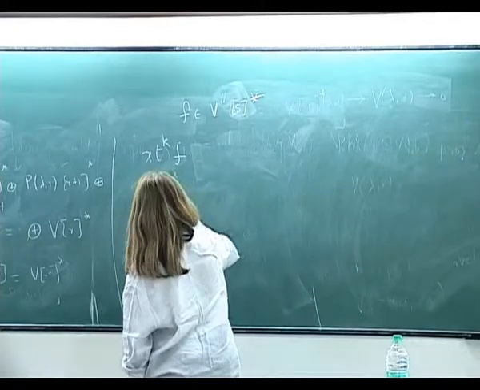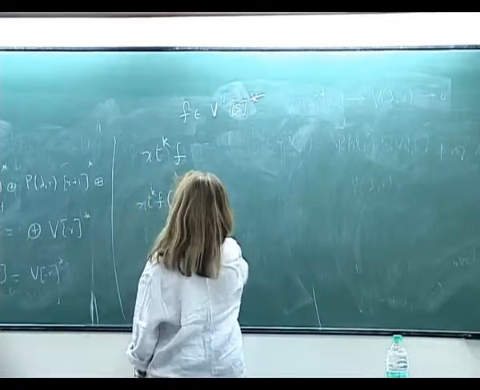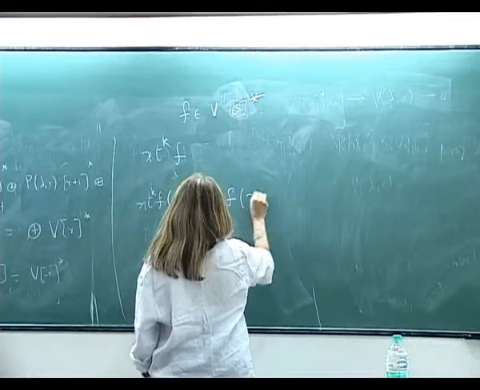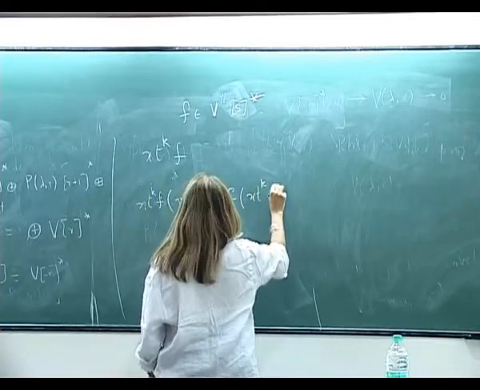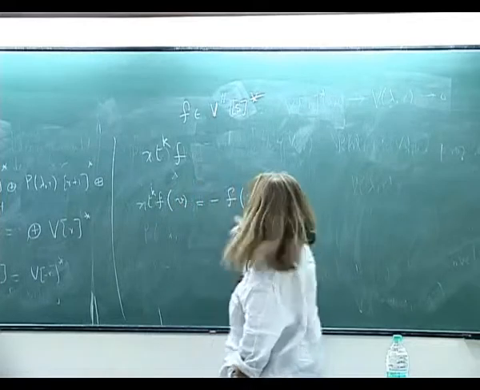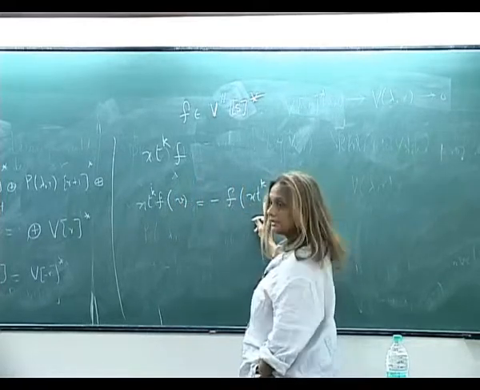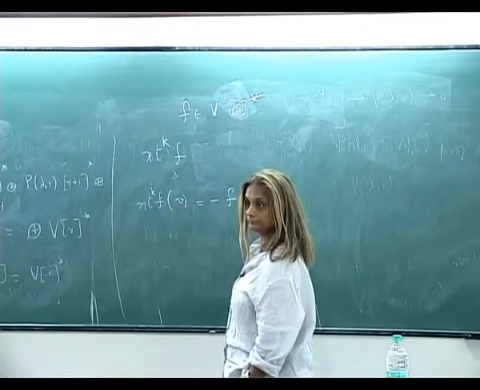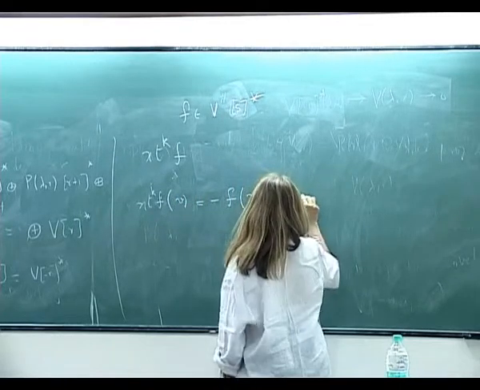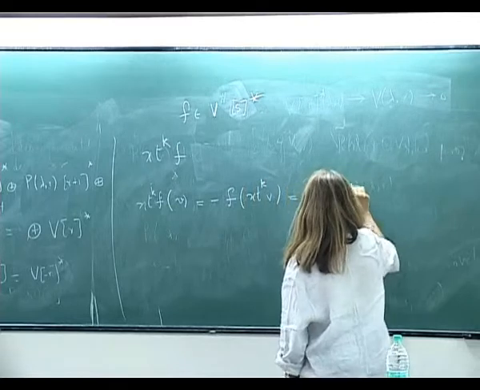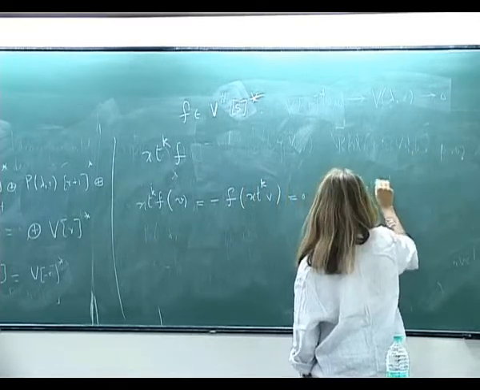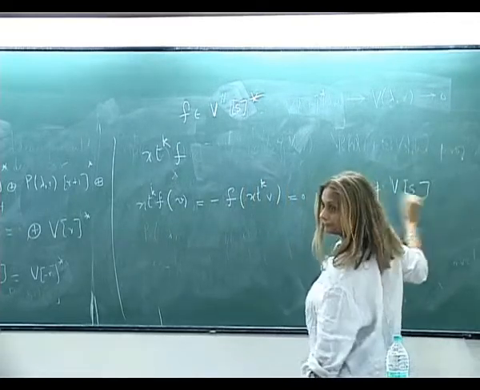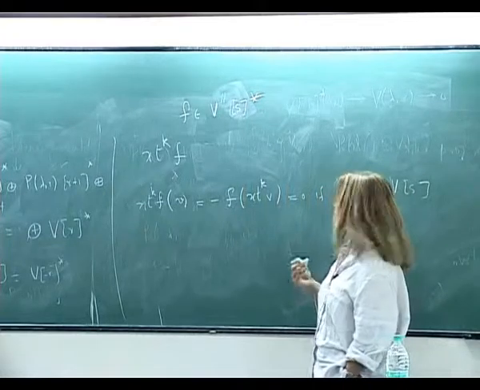So now supposing I take an element v, by the definition of dual, this is minus f of x t power k v. Now f will only see this element if this element has grade s. Correct? So this is 0 if x t power k v does not belong to V_s.